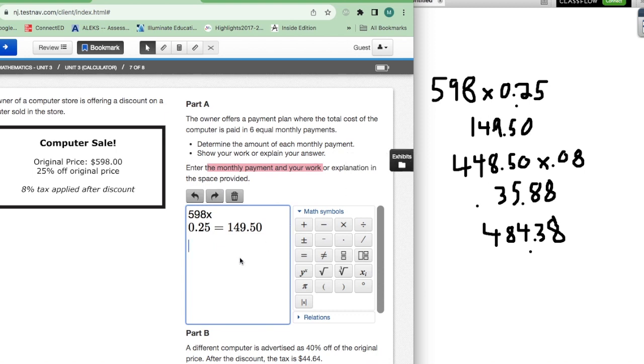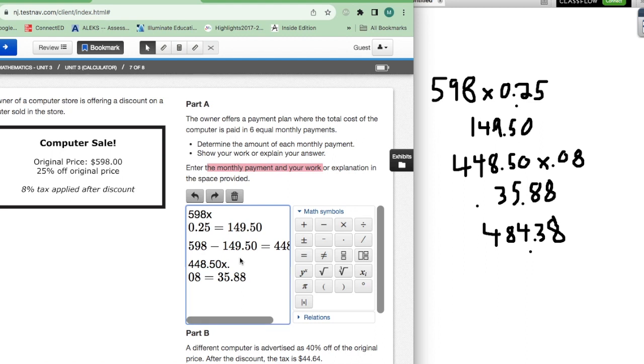So now I'm going to do 598 minus 149.50, and I get 448.50. And then we did 448.50, just typing it all again to show our work, right? Times 0.08. And then we got 35.88.